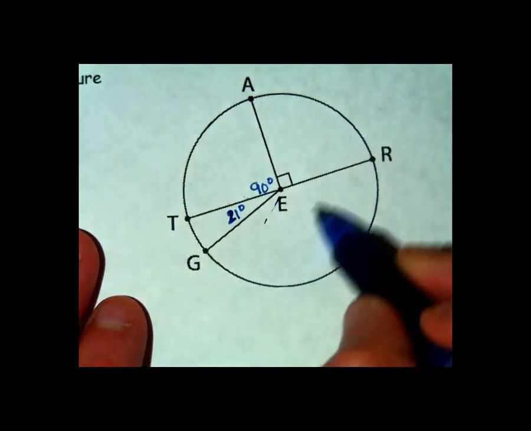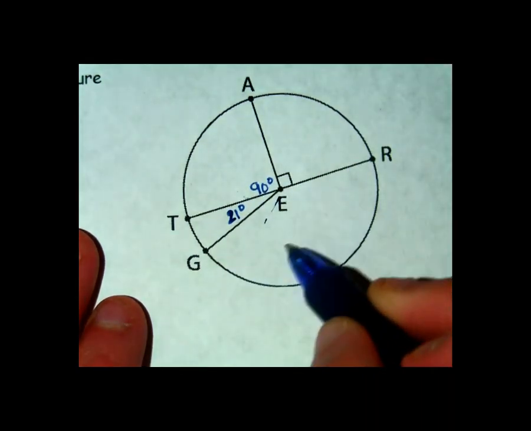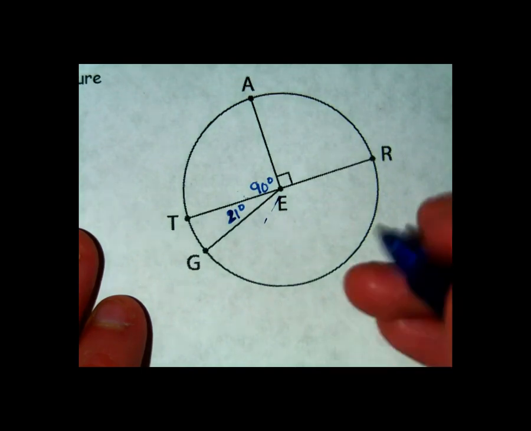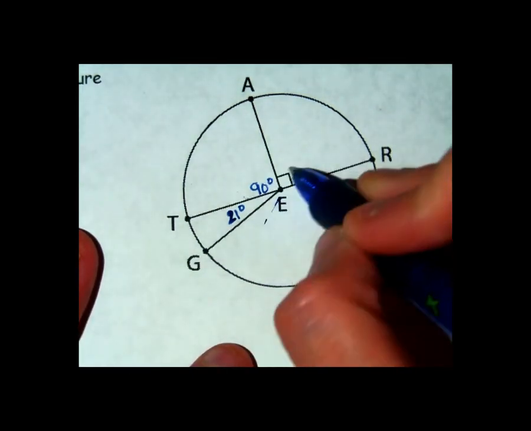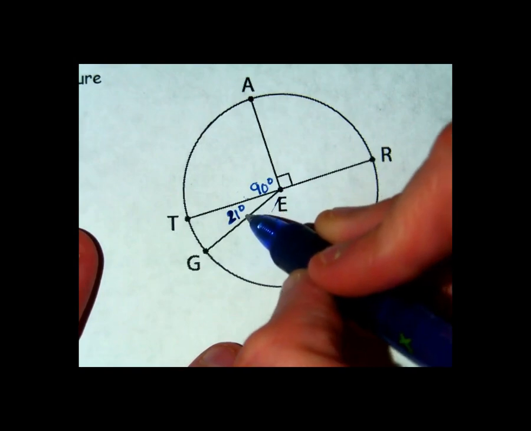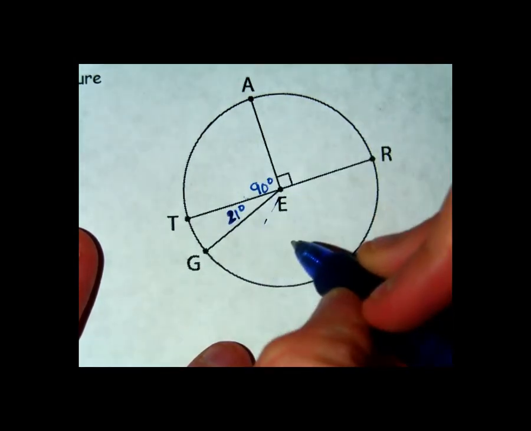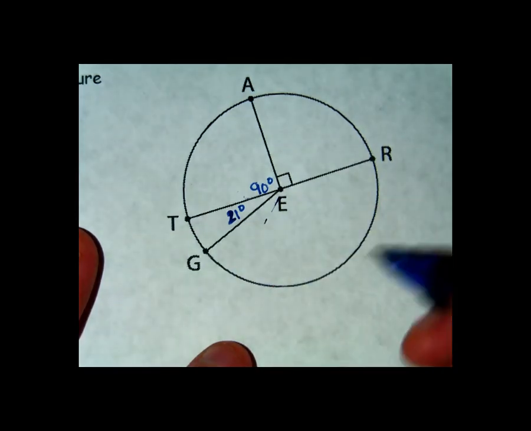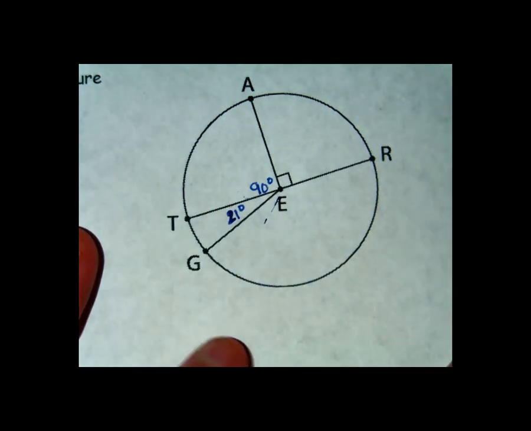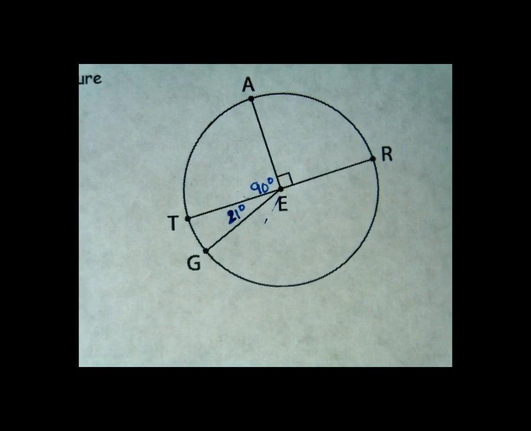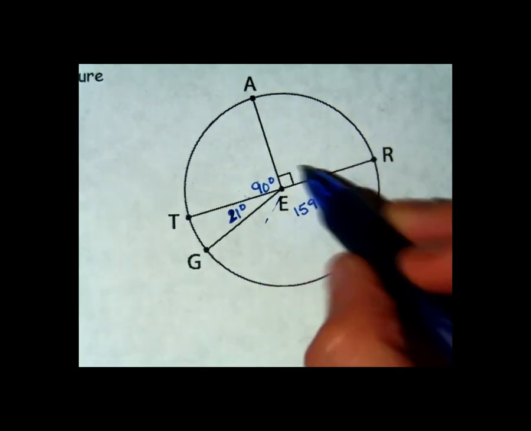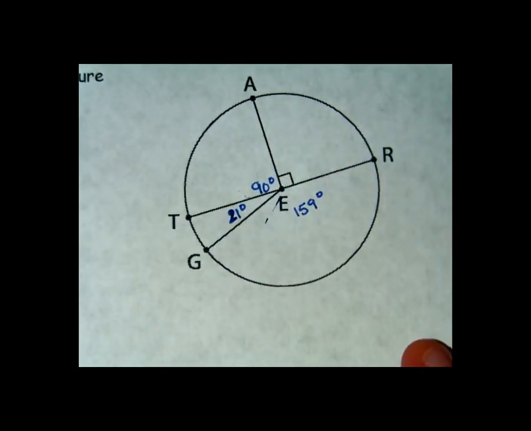How do we find this missing angle? You can either do 90 plus 90 plus 21 and subtract from 360 because there's 360 degrees, or you could do 180 minus 21. It doesn't matter, but I need that number answer. 159.